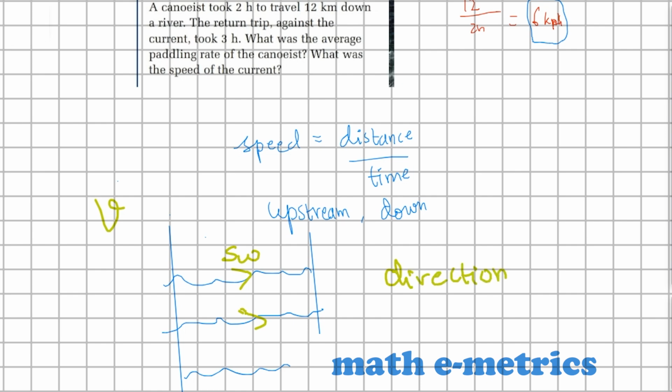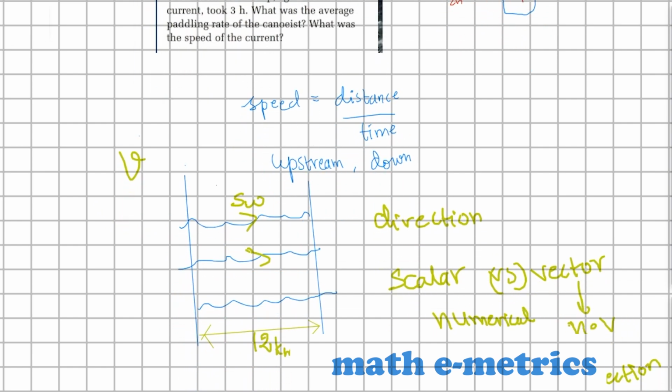The difference between scalar and vector is that a scalar is just a numerical value, while a vector is a numerical value plus the direction. Is it okay if I write S? SW means speed of water. Okay, so let's say water is flowing in the right side direction.